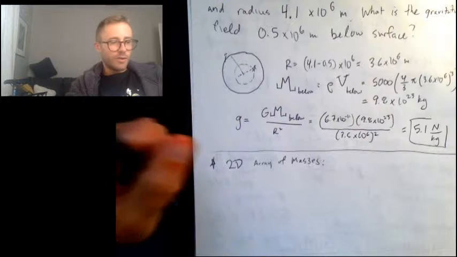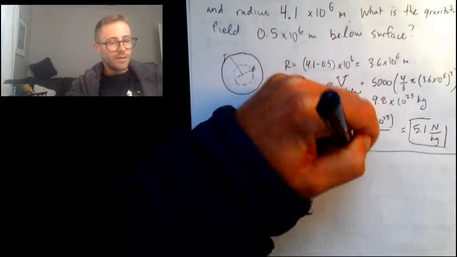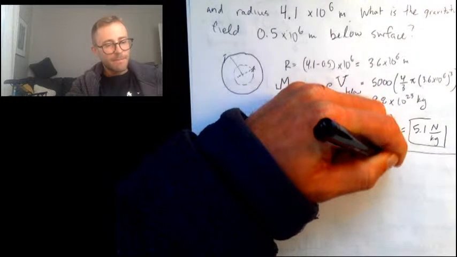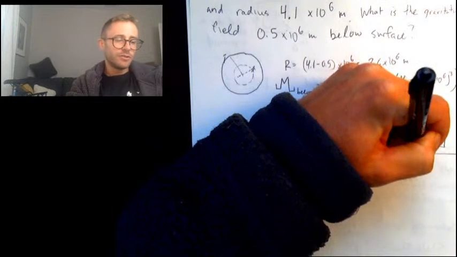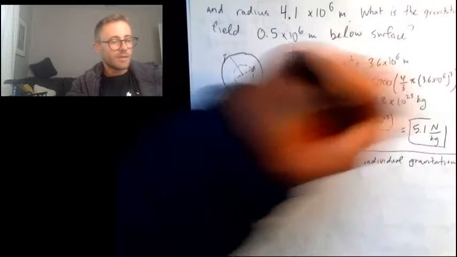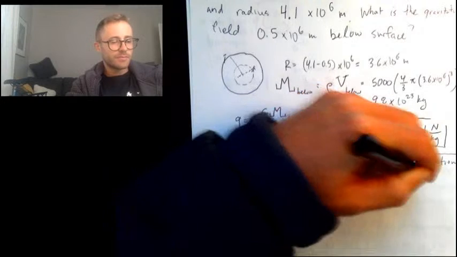In this case, if you have a two-dimensional array of masses, you want to add the individual gravitational fields like vectors.